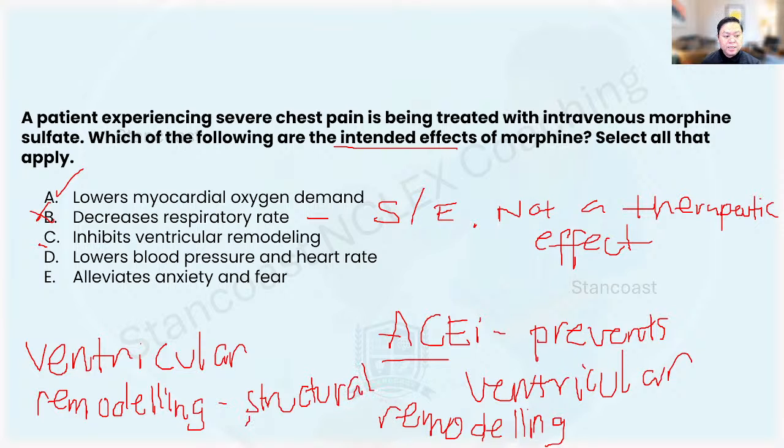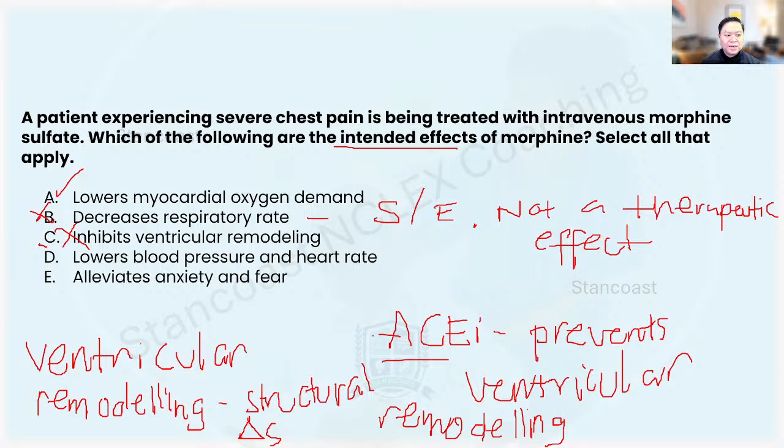Structural changes, let me just put here a triangle with an S. Ventricular remodeling pertains to the structural changes in the myocardium after a heart attack, and this is only going to be prevented by the ACE inhibitor. It will not be achieved by the morphine sulfate. And so we are eliminating letter C.